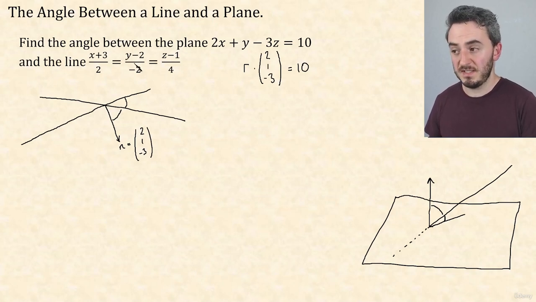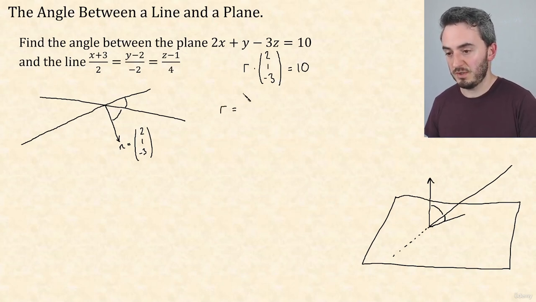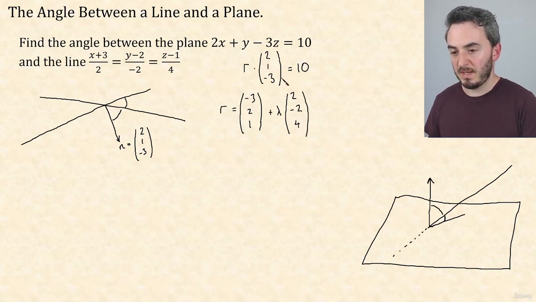This is written in Cartesian form, but I can very easily convert that into vector form, because recall that the vector equation of a line is just the position, which is (minus 3, 2, 1), plus lambda of the direction, which in this case is (2, minus 2, 4). Of course, we could simplify that down to (1, minus 1, 2), but let's not even bother.